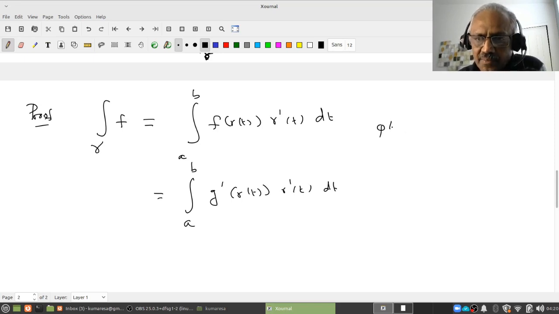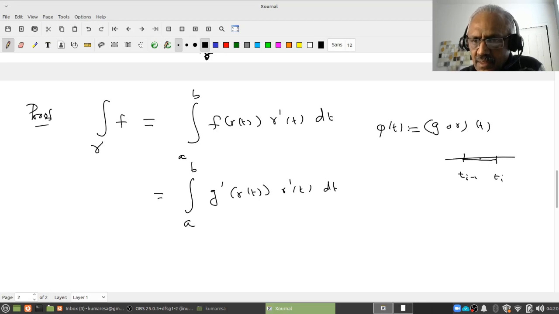Now let's look at the function phi of t, which is equal to g composite gamma of t. Now gamma, assuming that it's piecewise smooth, on the subinterval t i, I am using the standard notation, so I don't want to keep repeating.